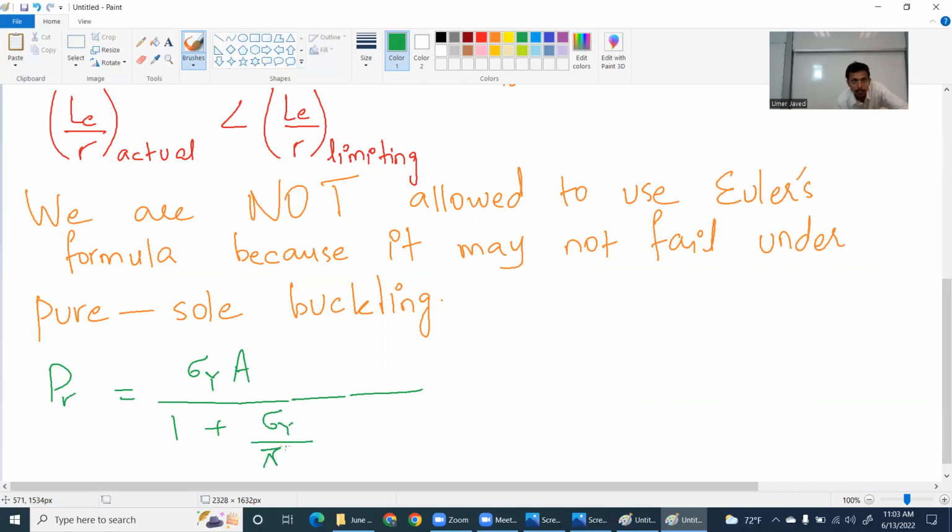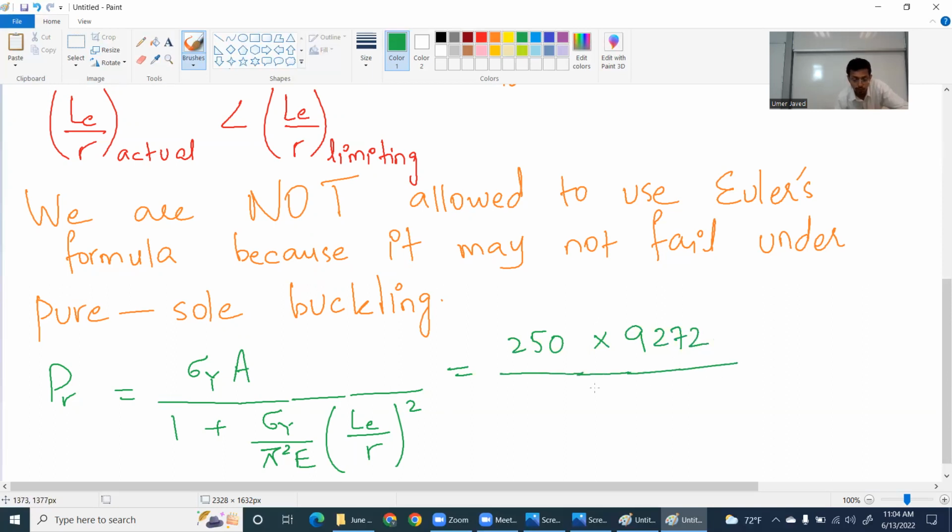Pi square E. Again, this is the formula that you are looking at for the first time in your life. This is the Rankine-Gordon formula. Let's just write it down and solve it. Don't worry too much about it right now. 250 into 9, 2, 7, 2. I have to complete this because last time we had a couple of students who were saying that I left the problem in the middle.